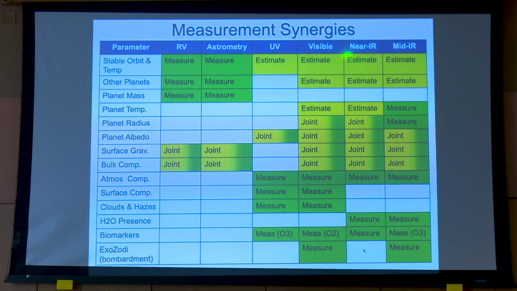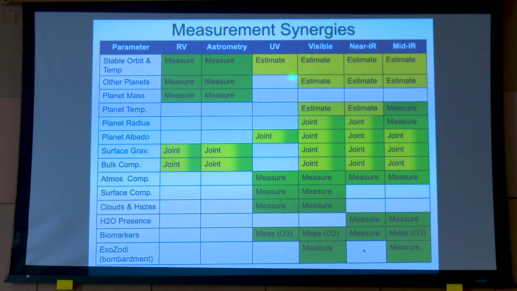These are the techniques looking at scattered light of some sort, and then here's thermal radiation. So for really measuring your orbit, what is the orbit? Is it stable? And getting to a temperature, the radial velocities give you an idea of what the temperature might be in a very broad sense, and they really give you the best information about the orbit itself.